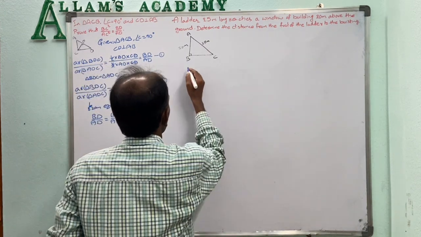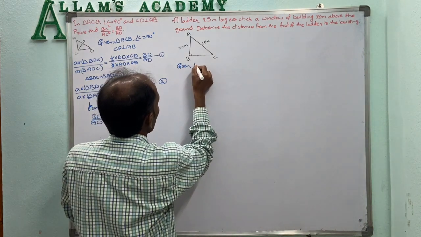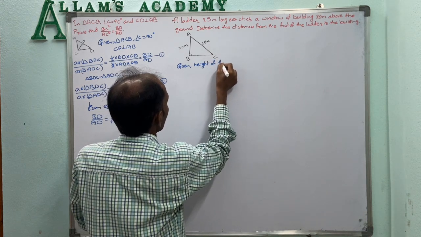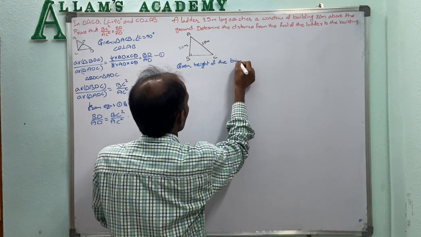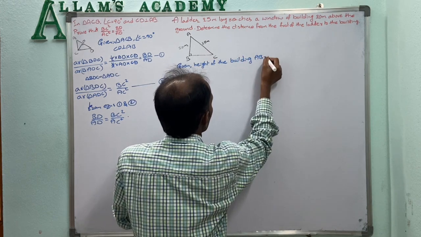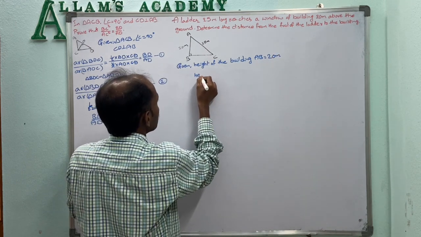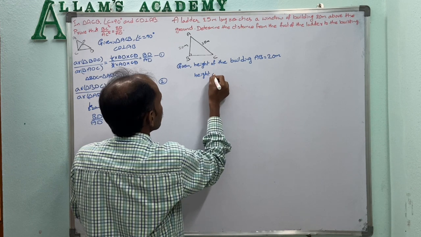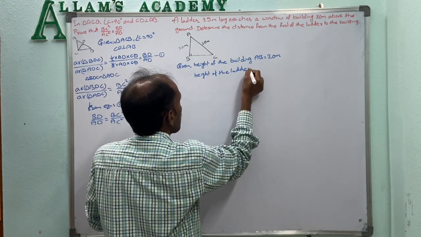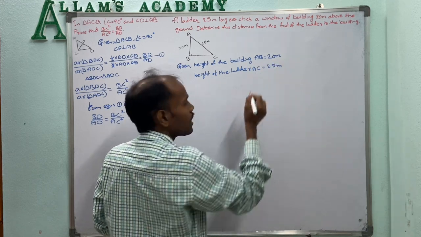Okay, so now writing the given information: height of the building AB equals 20 meters, length of the ladder AC equals 25 meters.